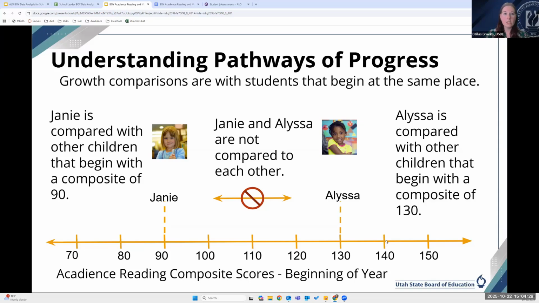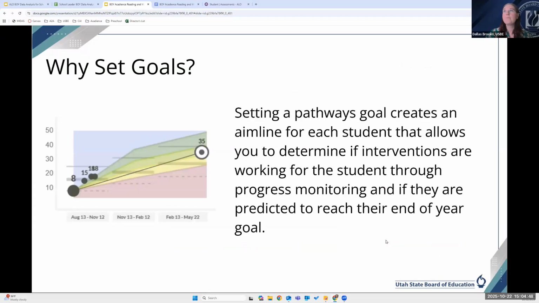We are taking all students who had the same beginning of year score and comparing them to those students to make sure that they are making the same amount of growth as all students who had the same starting line. So just keep that in mind as we're talking about pathways and why the pathways of progress really are such a great tool.